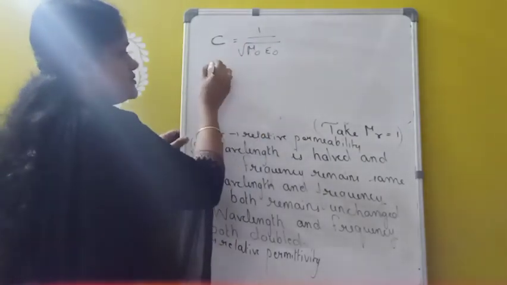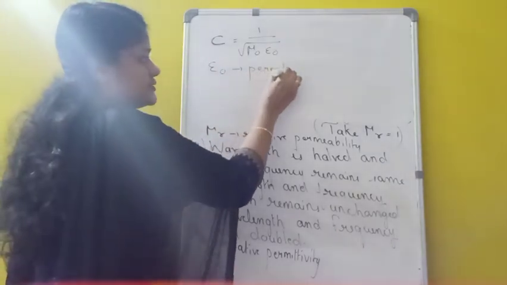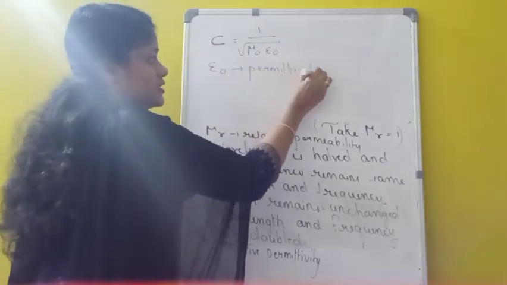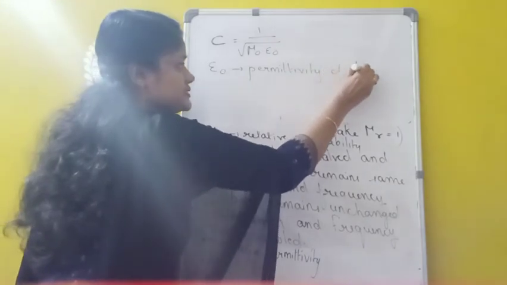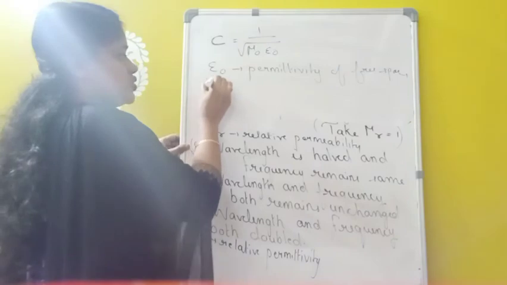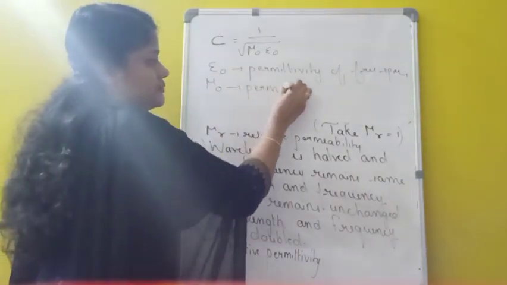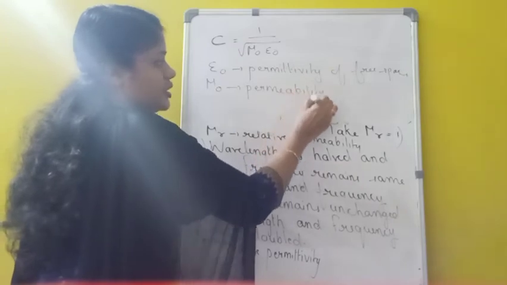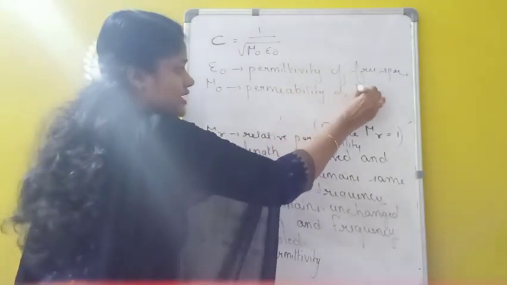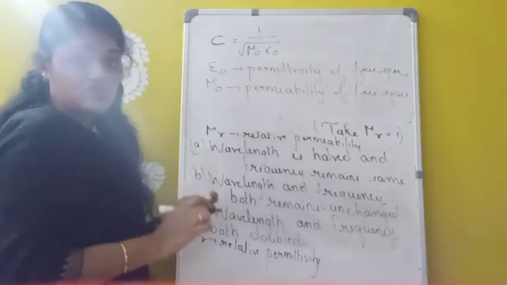Here epsilon 0 is the permittivity of free space, and mu 0 is the permeability of free space or vacuum. Okay, so this is the formula in the case of vacuum.